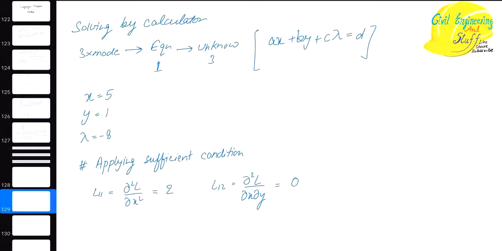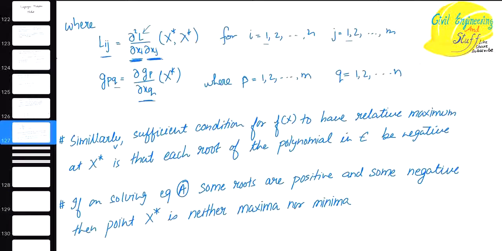Now we have L21. This is d square L by dx2 dx1.